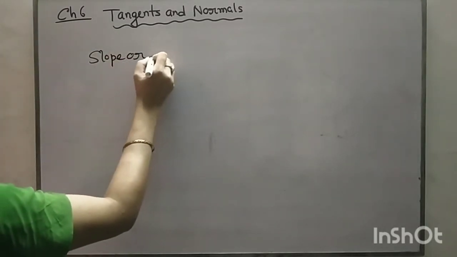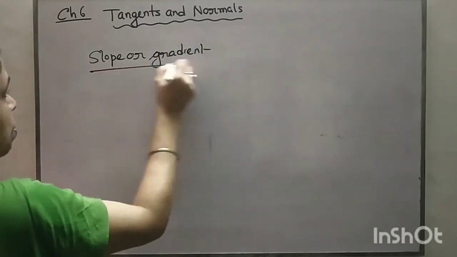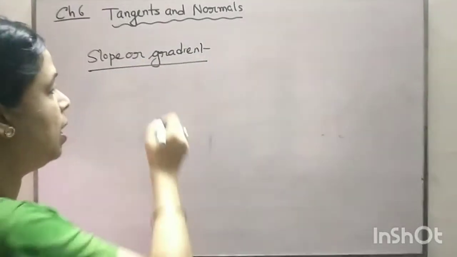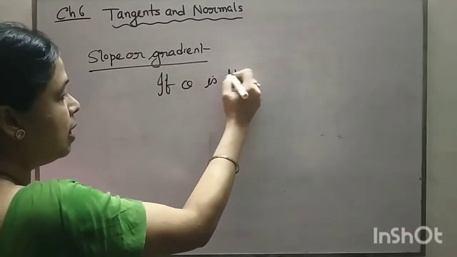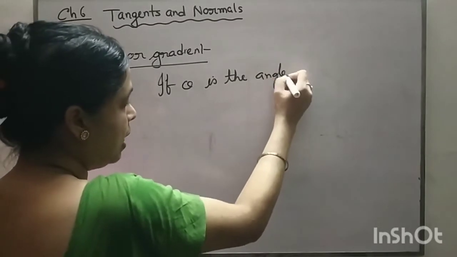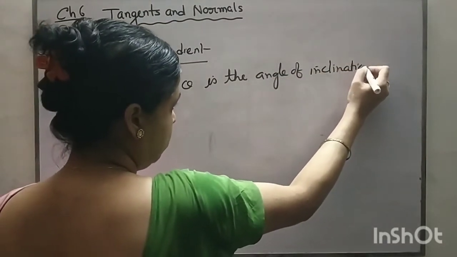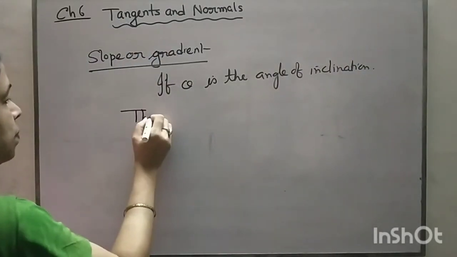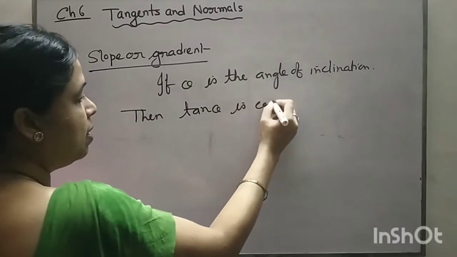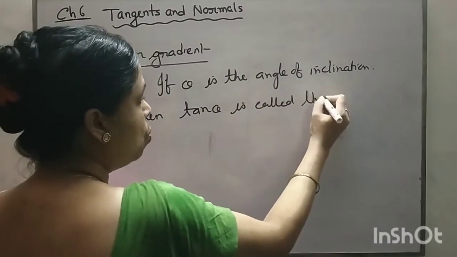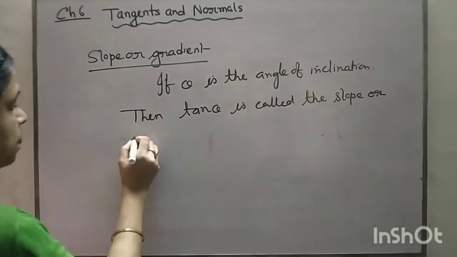Slope or gradient. So you see, this is a very simple concept. If theta is your angle of inclination, then tan theta is called the slope or gradient.